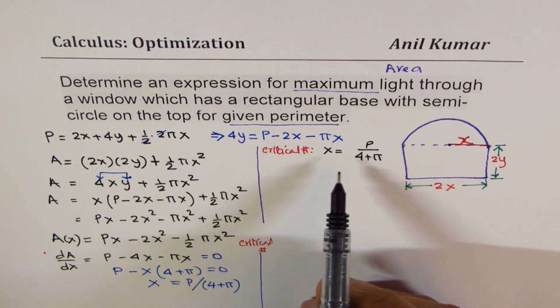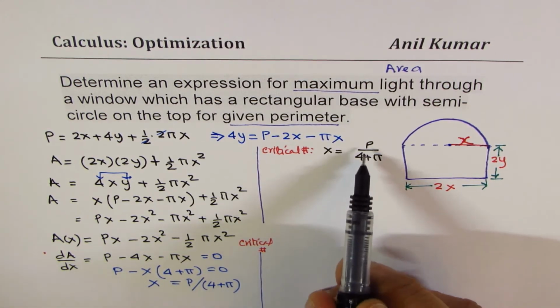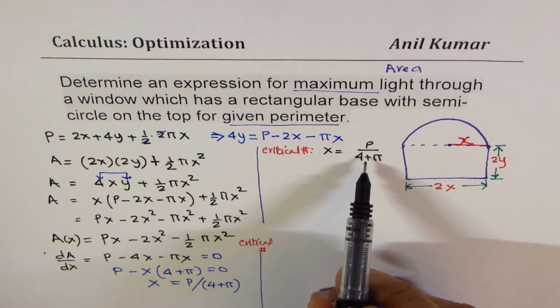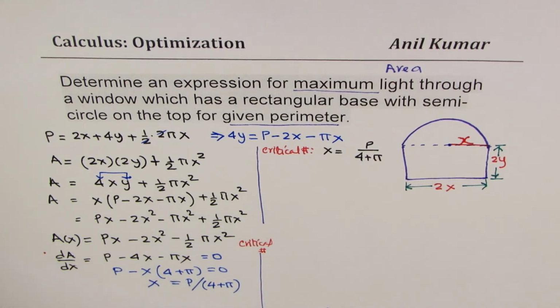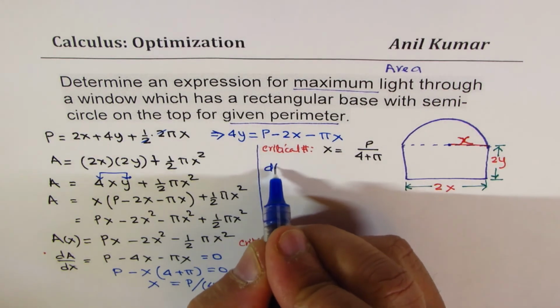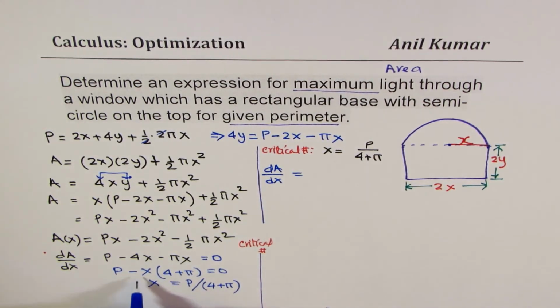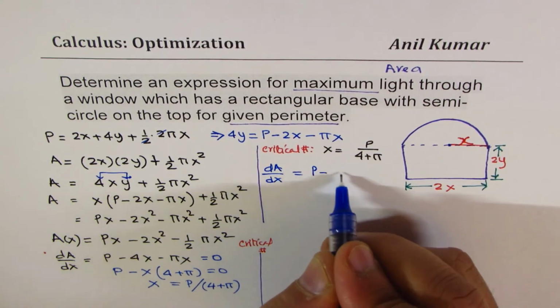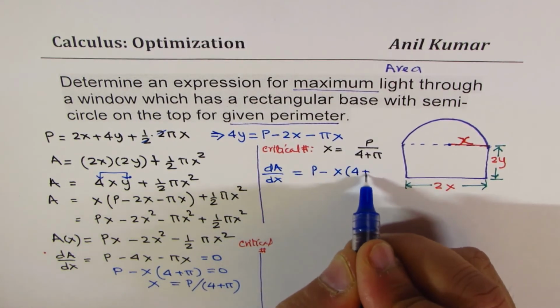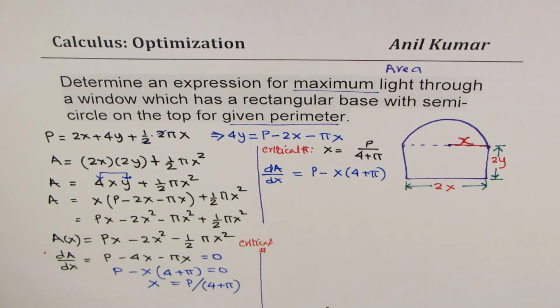Now, if x is equal to this, do we get maximum or minimum? How do we show that part, right? So that is another question which we have to address. We already know that the first derivative, dA dx, is equal to p minus x times 4 plus pi, correct? 4 plus pi is a constant.